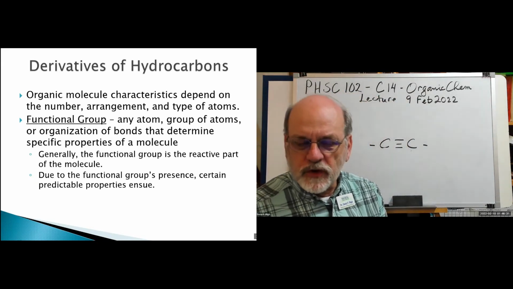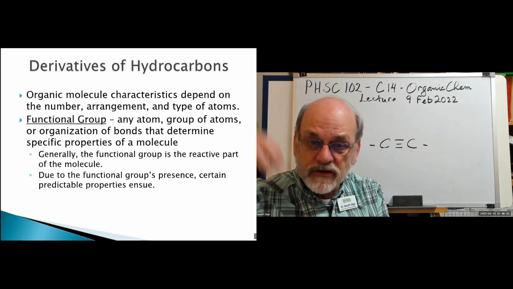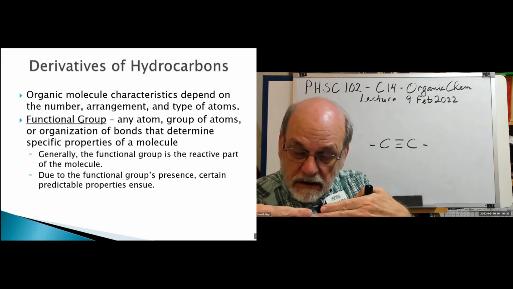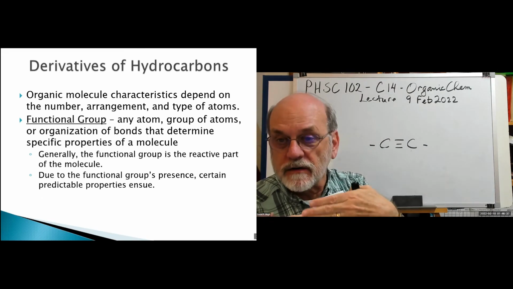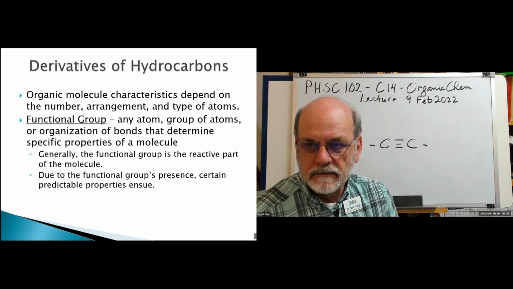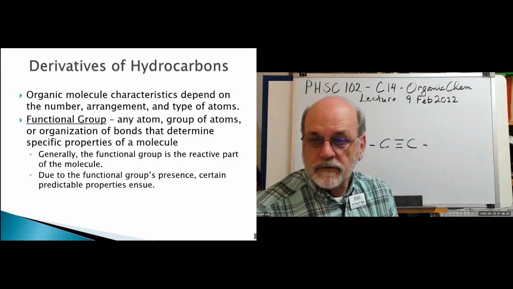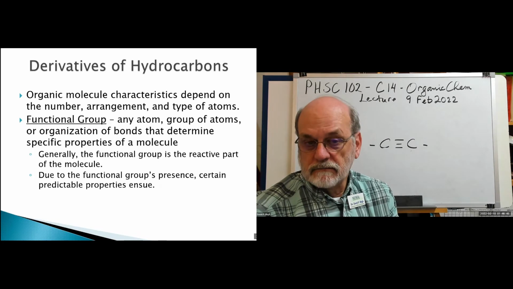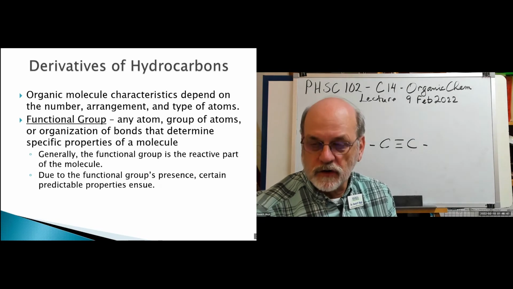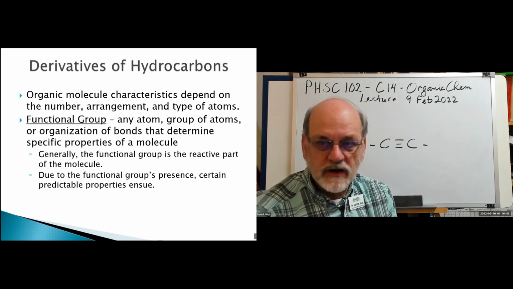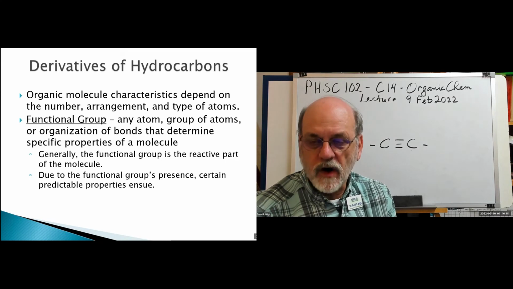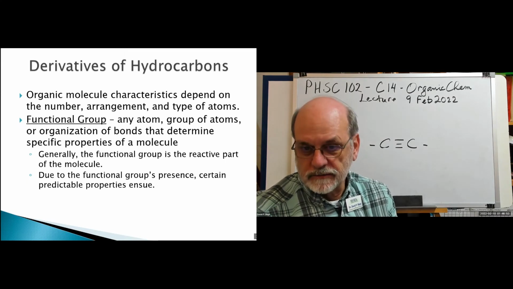So a functional group could be some side branch, or it could be in the structure of the base structure. For instance, a double bond or triple bond is a functional group, or attaching an oxygen to one of the carbons. That's a functional group.